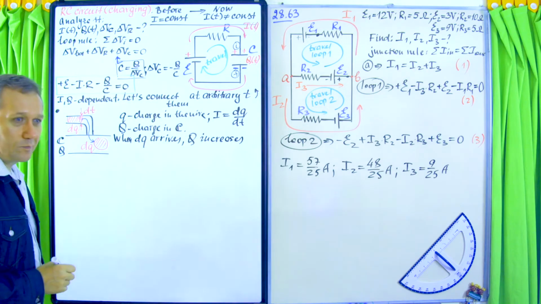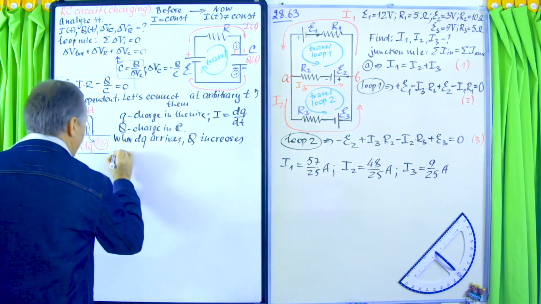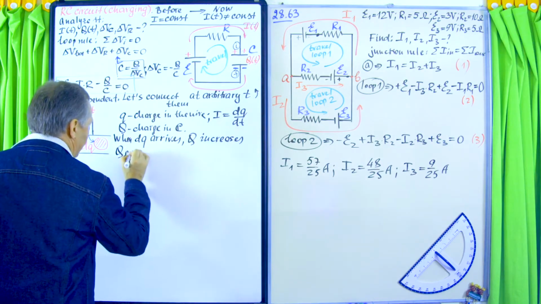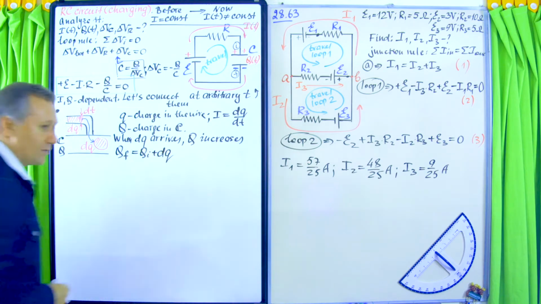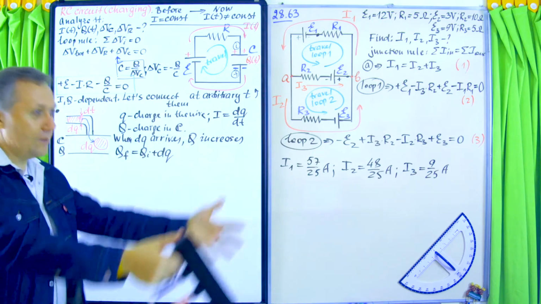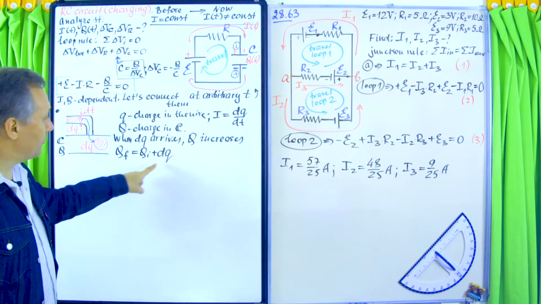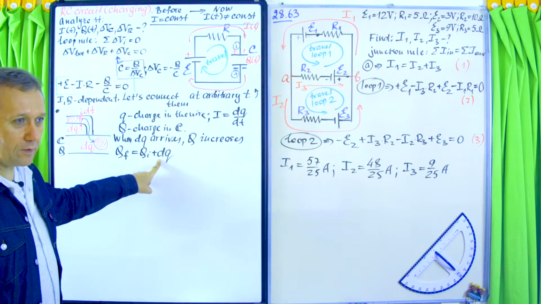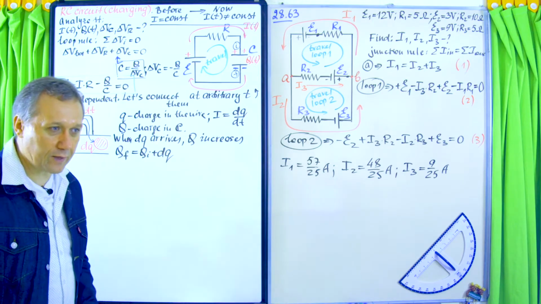So I can write what happens with the charge inside of the capacitor: Q final equals Q initial plus the charge which just arrived. Again, the logic is trivial. If there were 20 people in a room initially, and then 5 new people arrived, the final number will be 20 plus 5, 25 people.